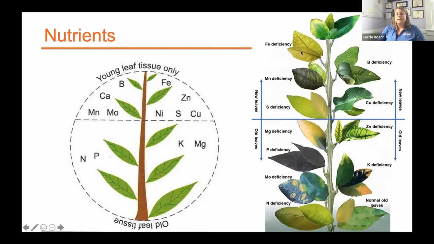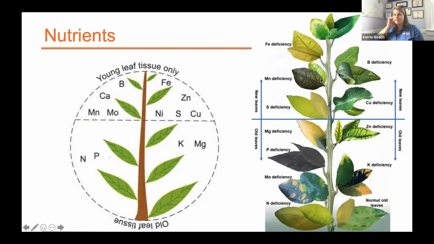And so here in this picture, I know it's not the greatest. There's not a really great one picture to show all of them. But it kind of gives you an idea of, you know, we see spotting, we see general yellowing, we see what we call interveinal chlorosis. Zinc is one that shows up really, really bright.